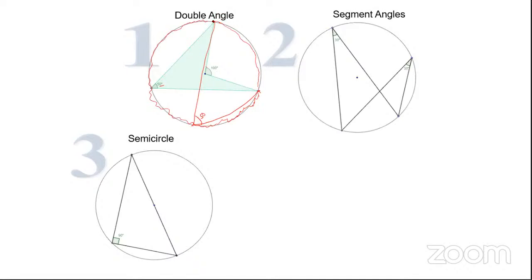I can get another one here, so this one too is 50. So at the end of the day, if you remove the center, you realize that all these are 50, 50, 50, 50, because they are coming from the same arc. It's the same arc that formed the segment. So that's why we call them angles in the same segment.